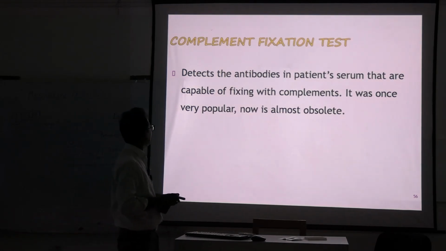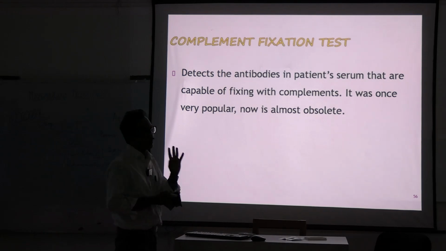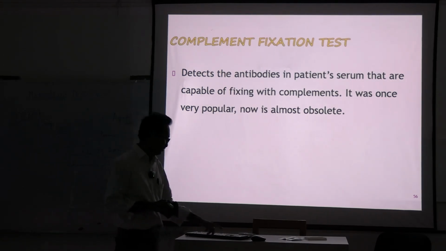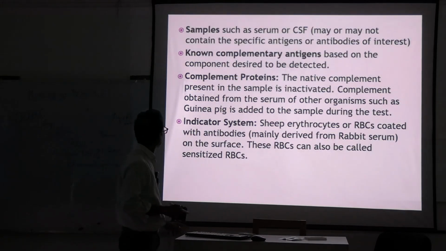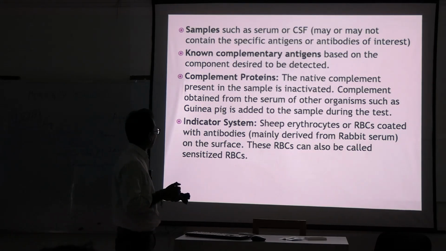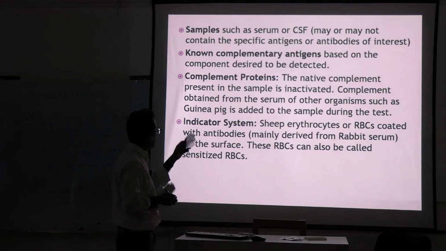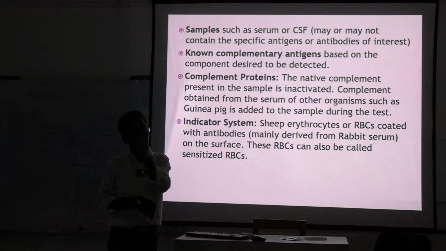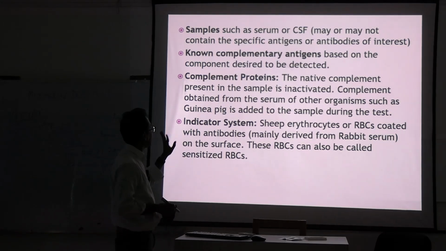Whether antibodies in the patient serum are present or not is shown by whether the complement is already utilized or not in the test. The native complement present in the sample is inactivated. There are three parts: one is the serum sample, one is the antigen part, and another is the indicator system.